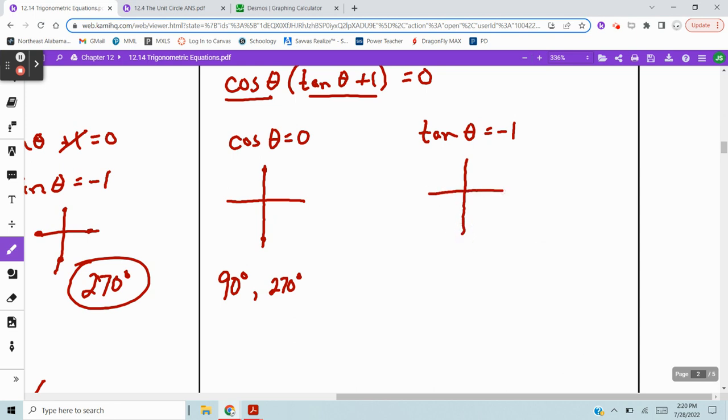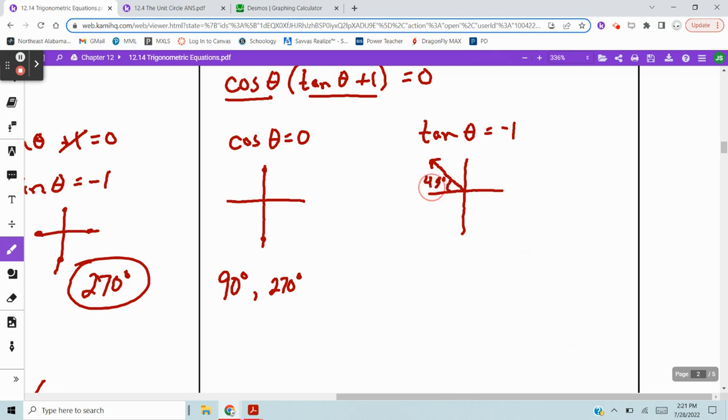Now, first off, tangent's period is 180 degrees. So I'm only going to look for the first and second quadrant answers. And I know that tangent is negative in the second quadrant. First step, forget about the negative. Ask yourself, where is tangent 1? And that's going to give you a reference angle, and that's 45 degrees. So this reference angle right here will be 45.